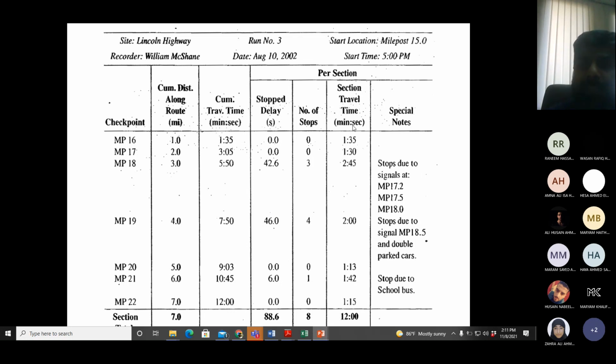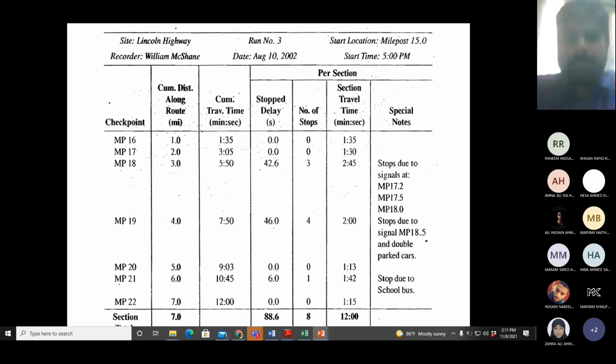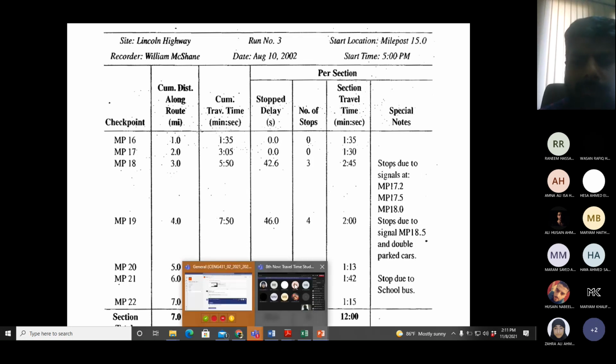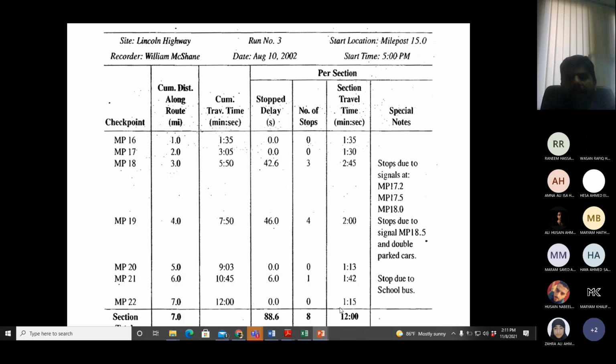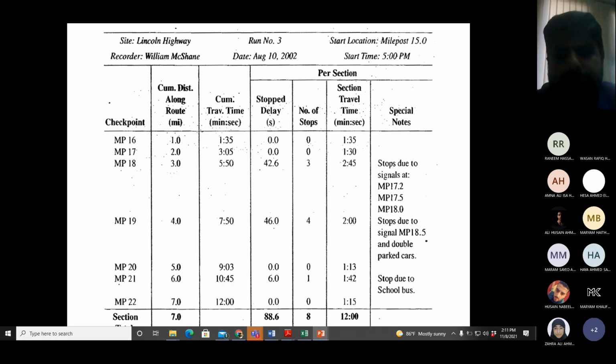Then this column is calculated. This is the only column in this table which is calculated. That is the section travel time. Now, can someone tell me how I would calculate the section travel time? From this table, how would I calculate the travel time for each section?